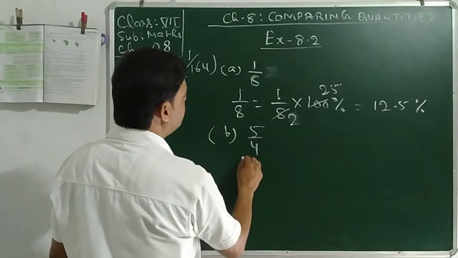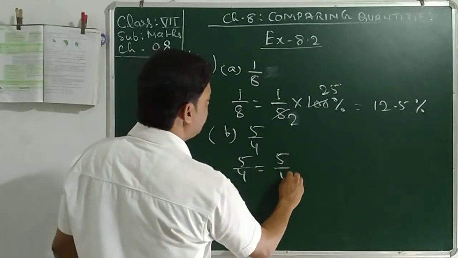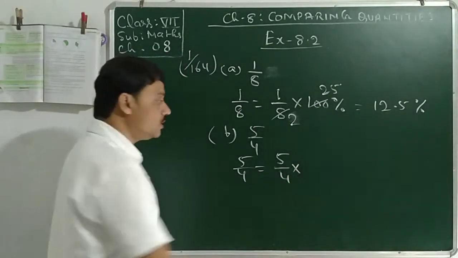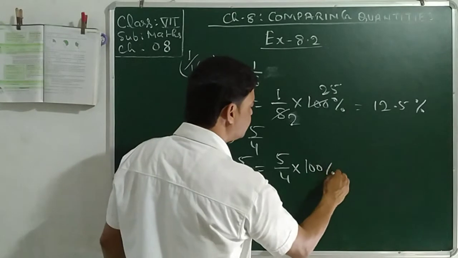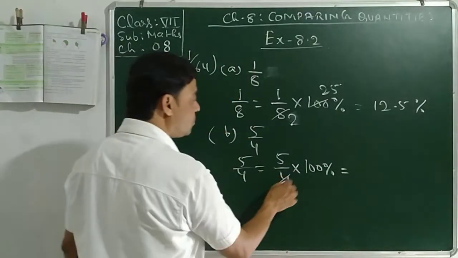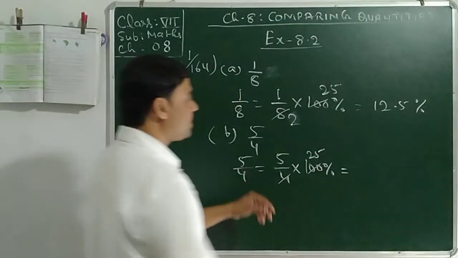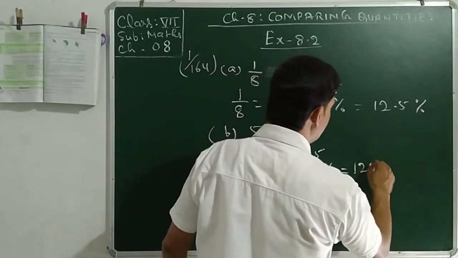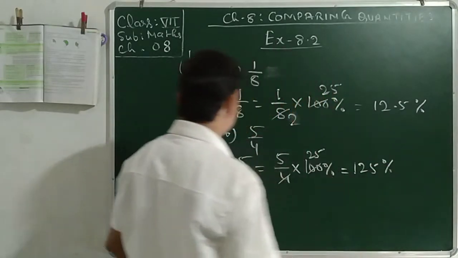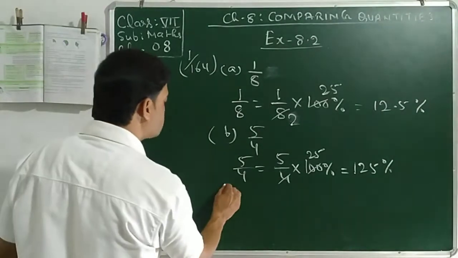You will solve 5 by 4 as 5 by 4 equals 5 by 4 into 100%. 4 25s are 100. So 25 into 5, it will be 125%, and so on. C and D also you can solve similarly.